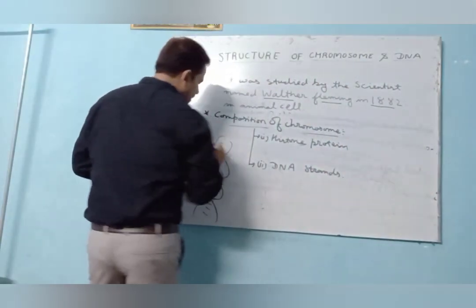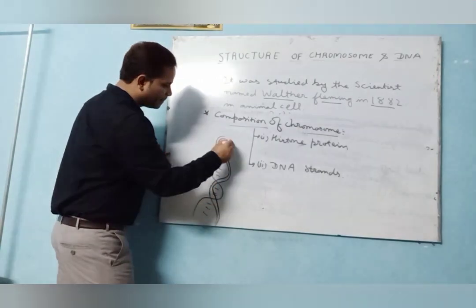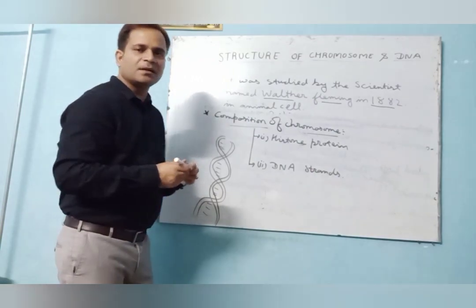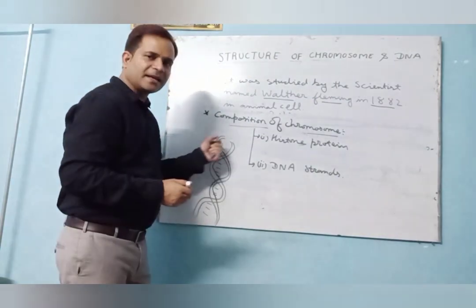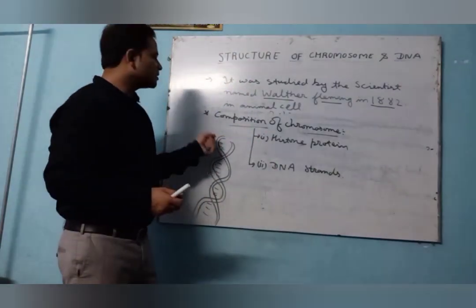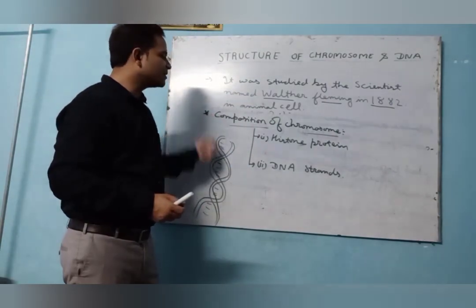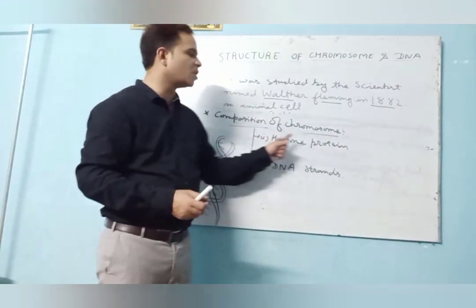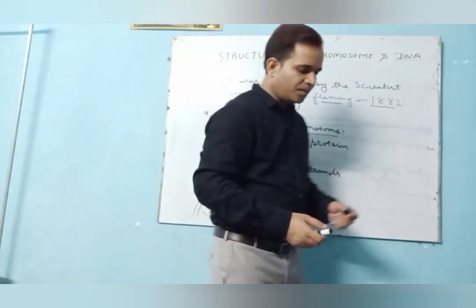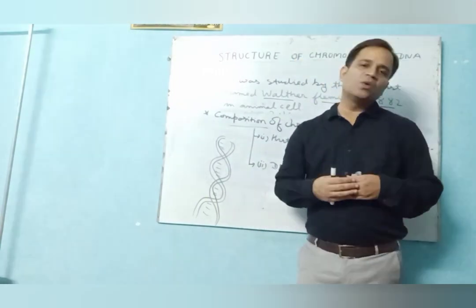Here this one is the single strand, and this one is double strands of DNA. DNA has double strands. So if anybody asks what the composition of chromosome is, then the chromosome has basically two components: one is histone protein and the second one is DNA strands.